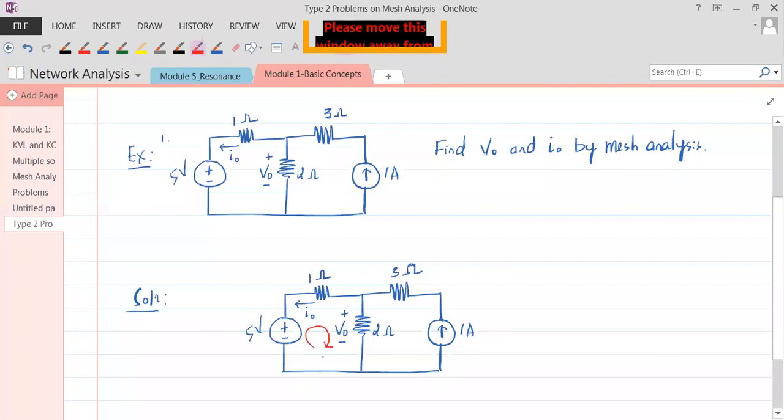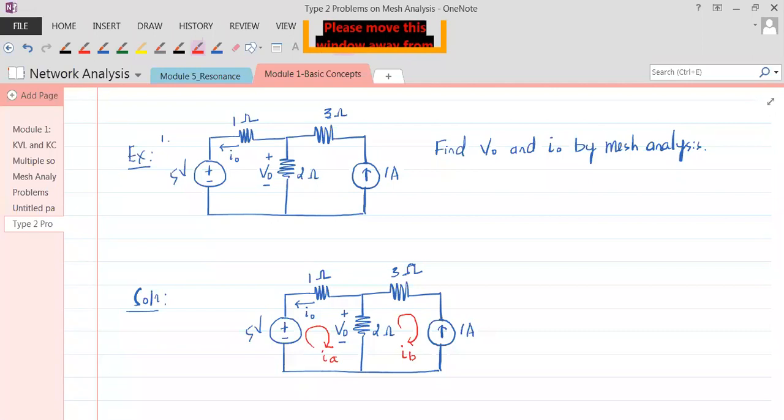This is one mesh where IA is flowing. This is another mesh where IB is flowing. IA and IB were not given, mind you. IA and IB are marked in the solution so that we can find the mesh currents, and then find V0 and I0 in terms of the mesh currents IA and IB.